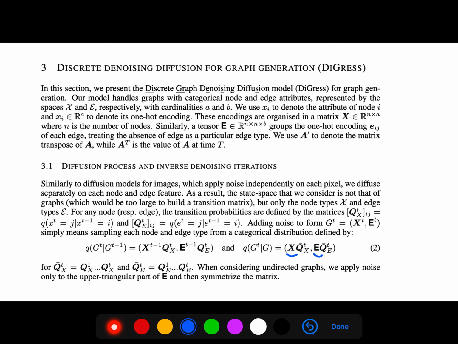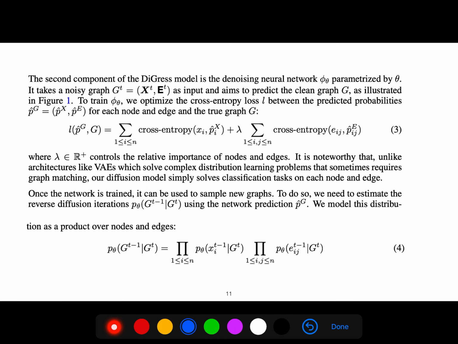But the graph is different from language in the sense that it has topology. If you add noise to that, of course, we modeled with categorical data, not Gaussian distribution. But if you add noise to that, it has a sparsity. The topology changes completely. So you need to also use some structural features like degree that they use in DiGress.